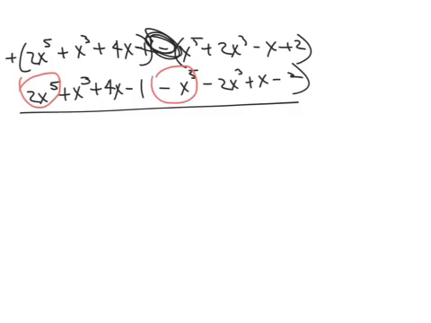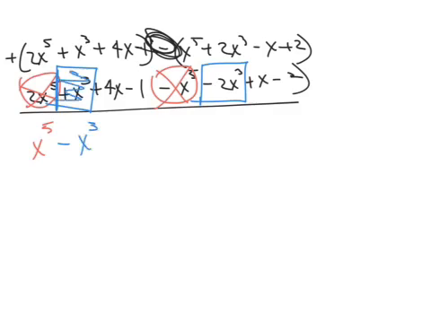So 2x to the 5th minus x to the 5th is 1x to the 5th. So those are gone. I have a plus x cubed minus 2x cubed. So this is going to be minus 1x cubed.